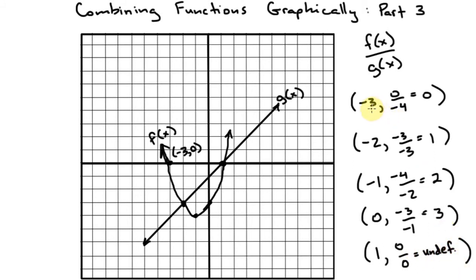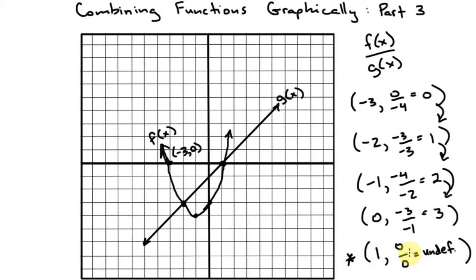So what do we have happening here? Look at these points: -3, 0, -2, 1, -1, 2, 0, 3. They keep going up by the same amount. This is a typical linear relation. Every time we increase x by 1, we go up by the same quantity, except where there's no actual point.